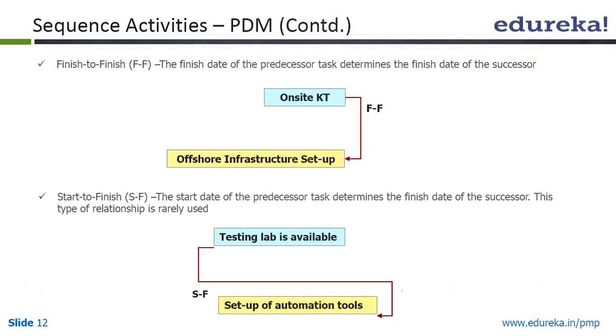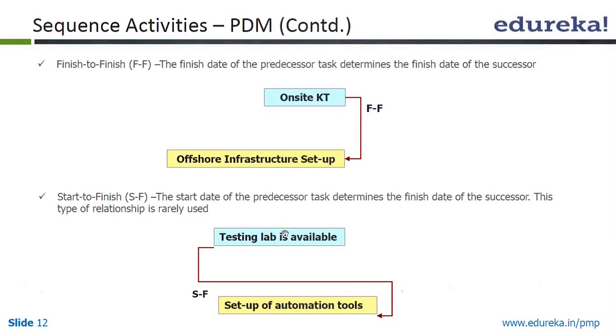Another simple example is writing a document. Writing a document is a predecessor task required to finish before editing the document can finish. So writing document and editing document have a finish to finish relationship.